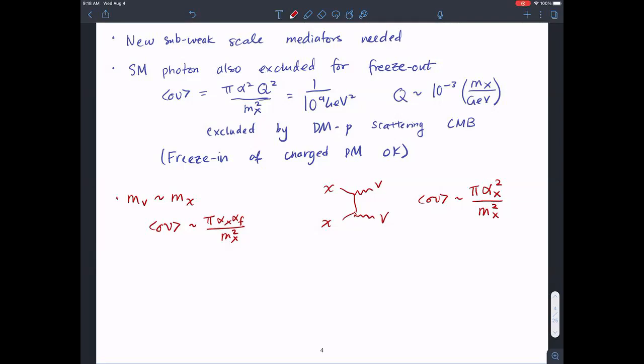And again, if we compare that to this 1/10⁹ GeV squared, that can tell us something about the couplings of this new mediator that we want to introduce. So it's going to be either this combination or this combination, so I'll just write it as the max. Of course, it depends on which are kinematically allowed, but this is again at the order 1 level.